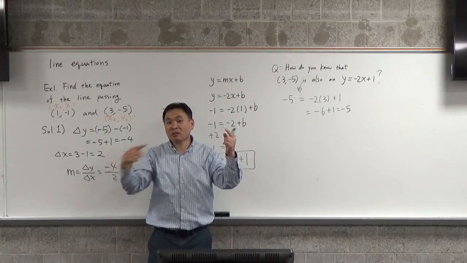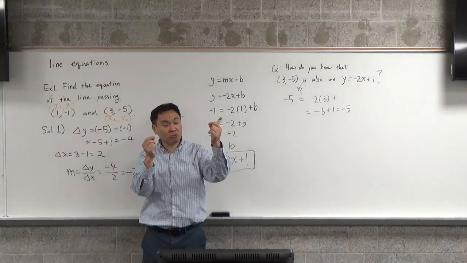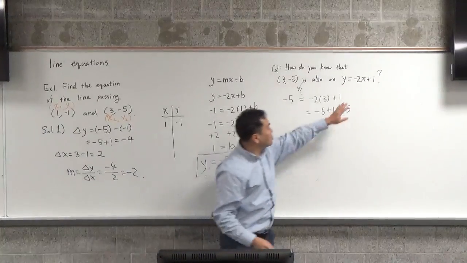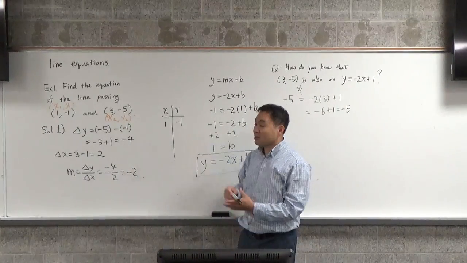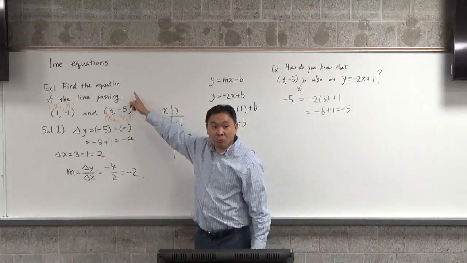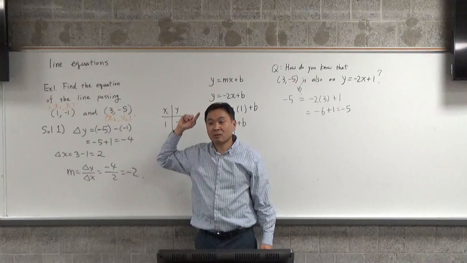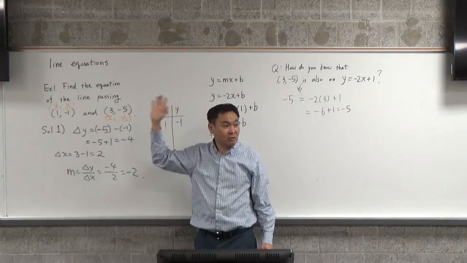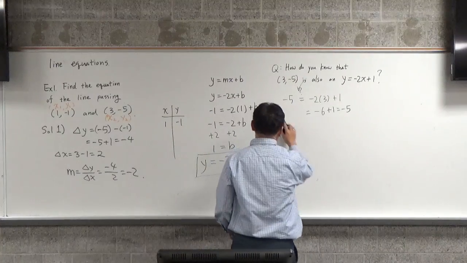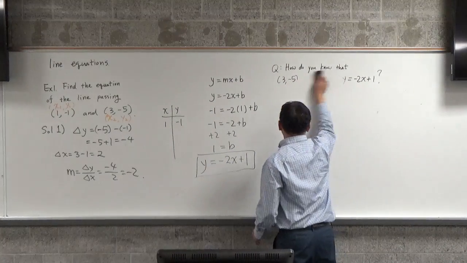There's only one unique line that's going to pass through both points, right? So because we found a line that passes through both points, this has got to be the answer that this question is asking for. Is that good? Agreed? Okay. So if you have this in mind, now I can give you the second solution.